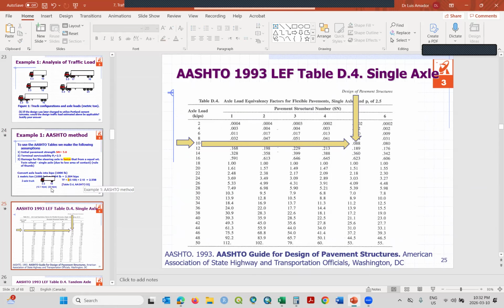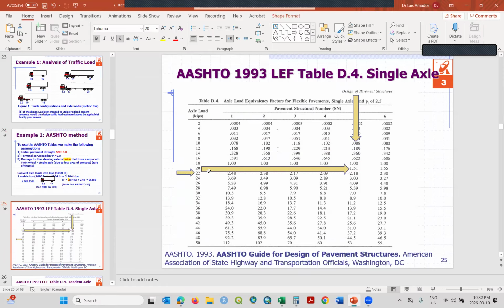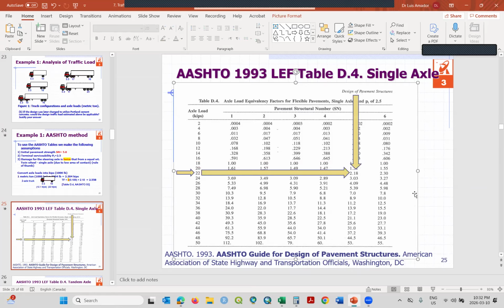Sorry, no, it's 22,000. Sorry, guys, it's 22,000 kips. So it will produce 2.18.